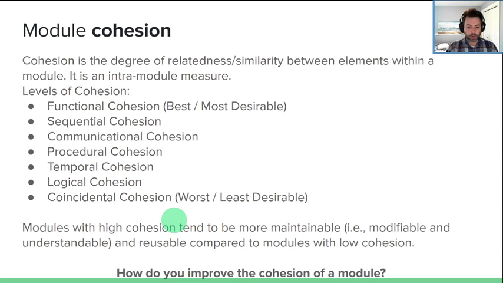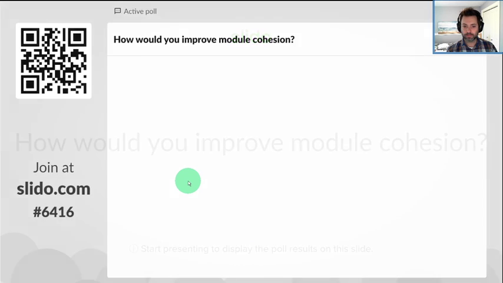So, question to you all, and again, we're going to get into what each of these mean here. If it is very highly cohesive, it is much easier to maintain. And by being more cohesive, all of its parts are focused on a small, single, laser-focused task. How would you improve module cohesion?